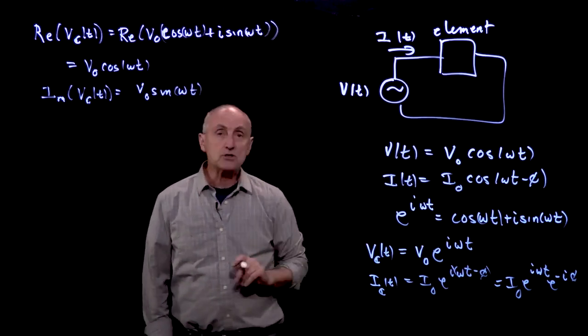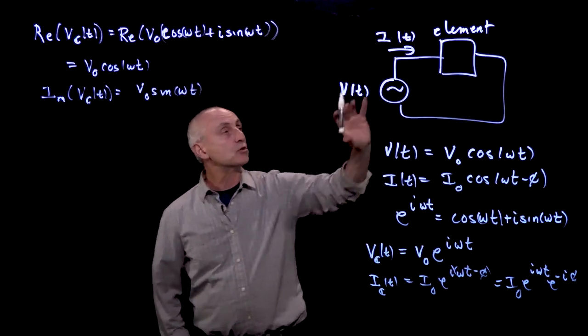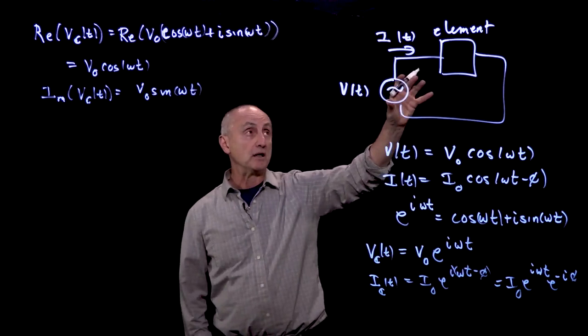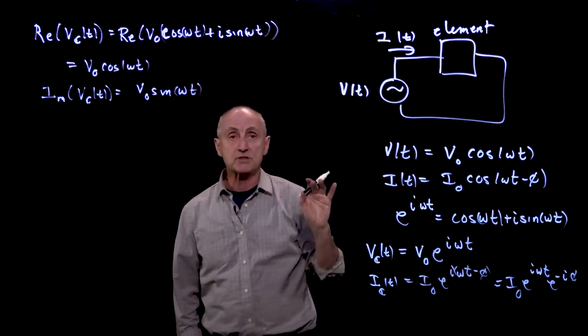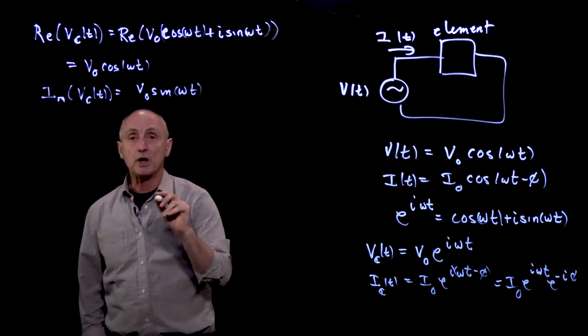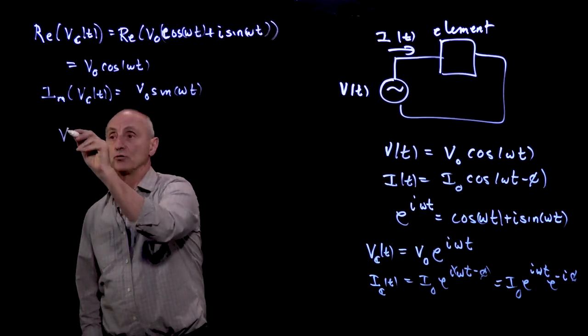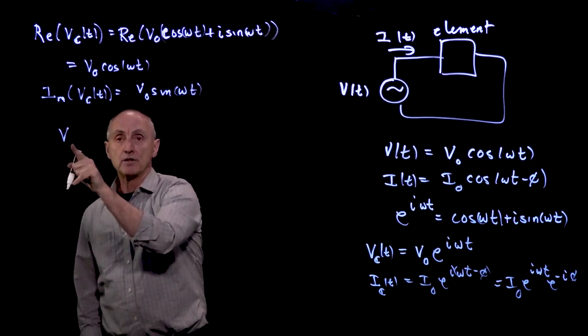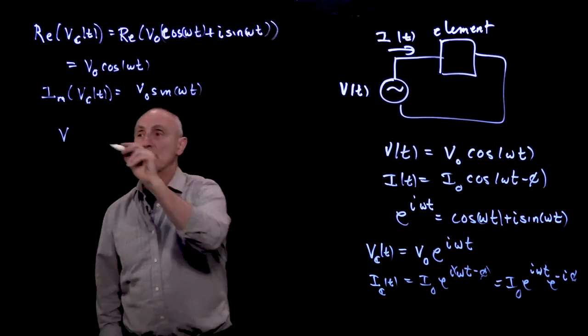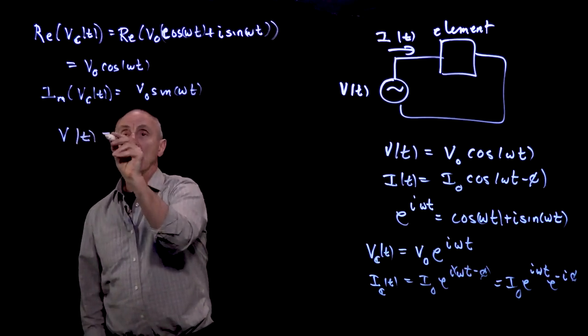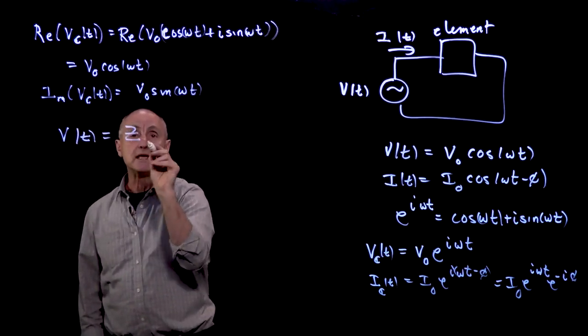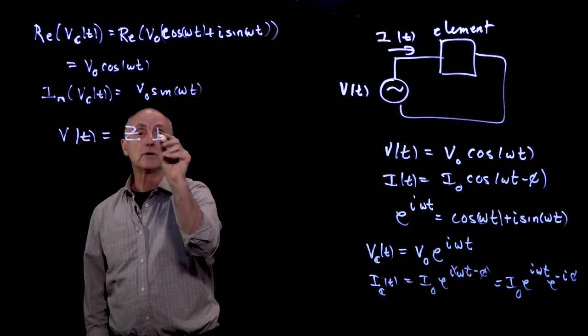Now, what we'd like to do is describe the current response in terms of a complex number multiplied by the current to give us our voltage. I'm going to drop the complex notation, but remember these are complex functions, and I want to introduce a quantity Z times the current.